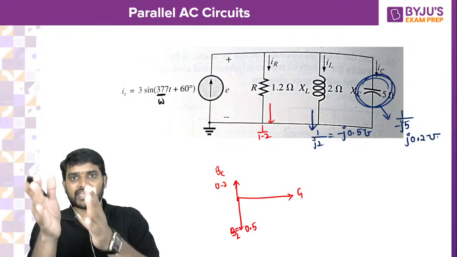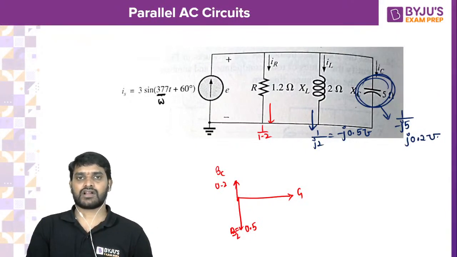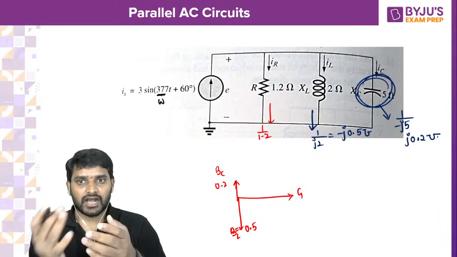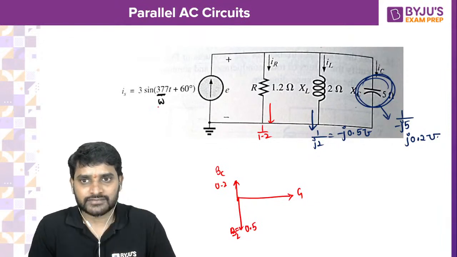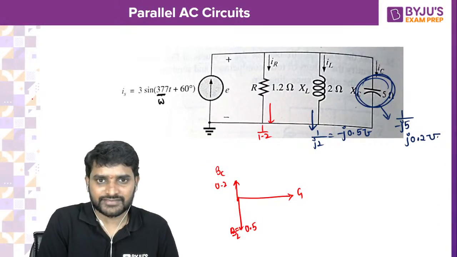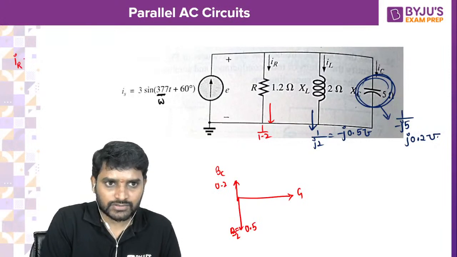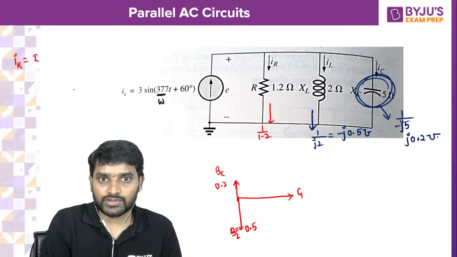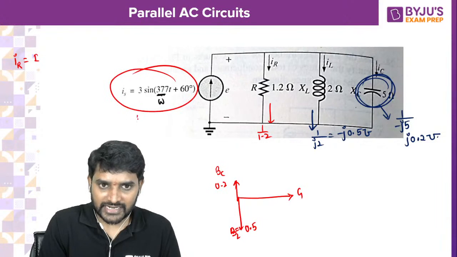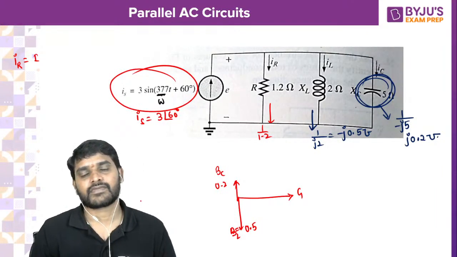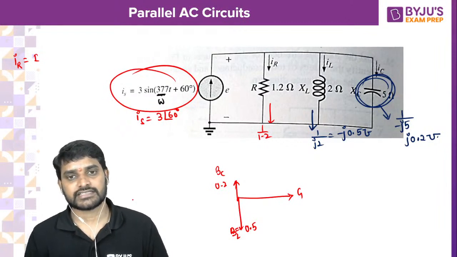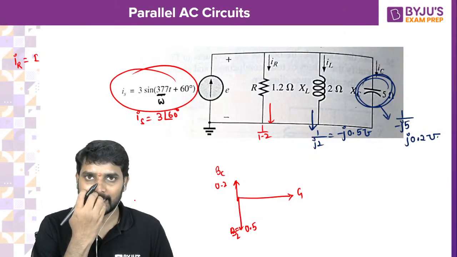According to that, you will be getting the currents. How do you take the current division? We have seen current division already. IR is equal to entering current into... how do you take the entering current? Entering current is simply IS equal to 3 at an angle 60 degrees.